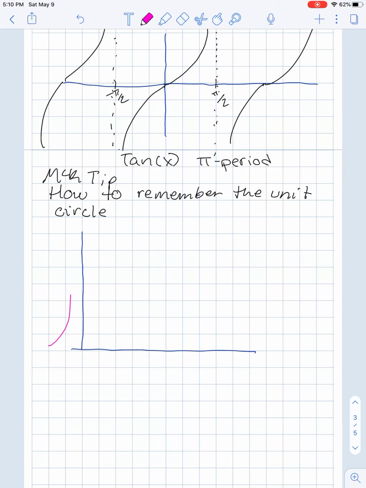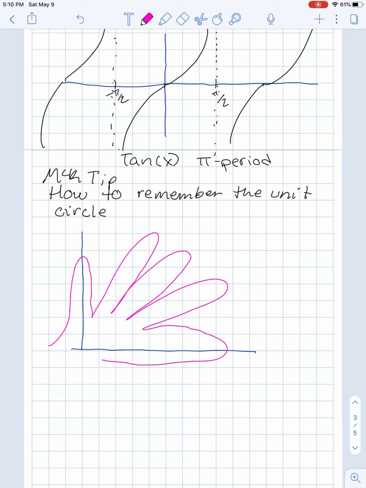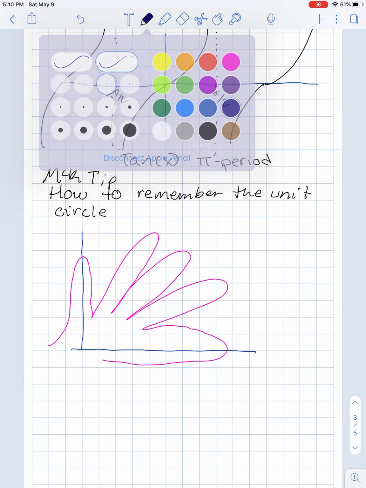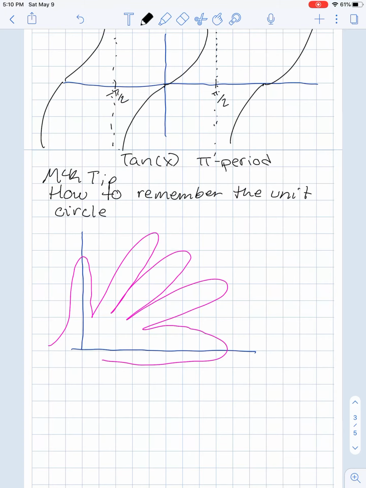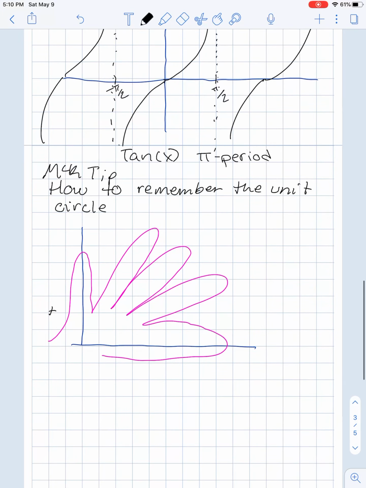So I'm going to draw my thumb and all my other fingers. Okay, please don't judge my drawing. So this is really important. If you look at your hand, this is thumb. This is pinky.